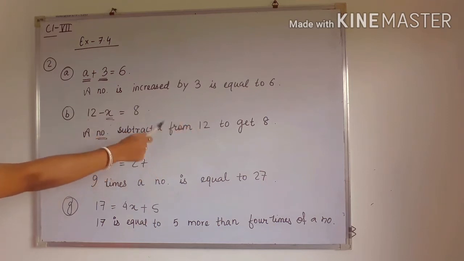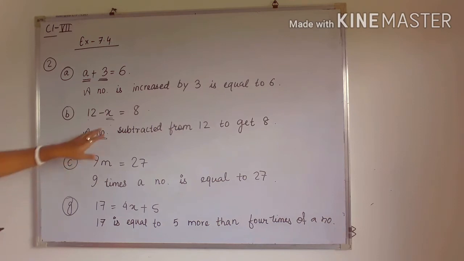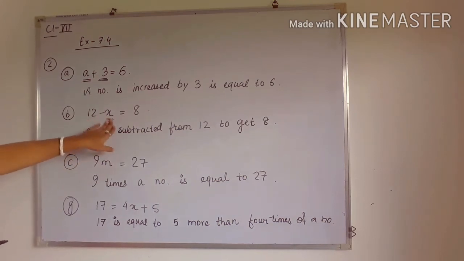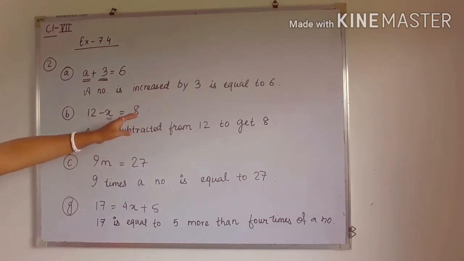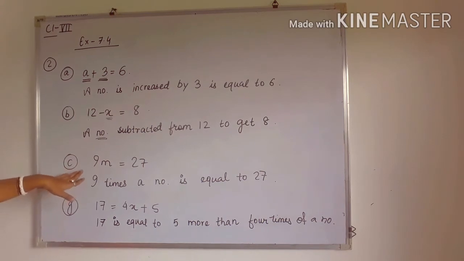You can write in many ways. You can write like this also: 12 is decreased by x to get 8. Similarly number C, 9m is equal to 27, so 9 times a number is equal to 27.